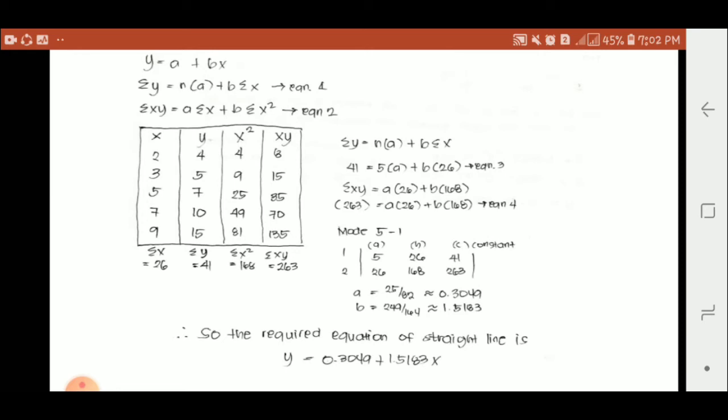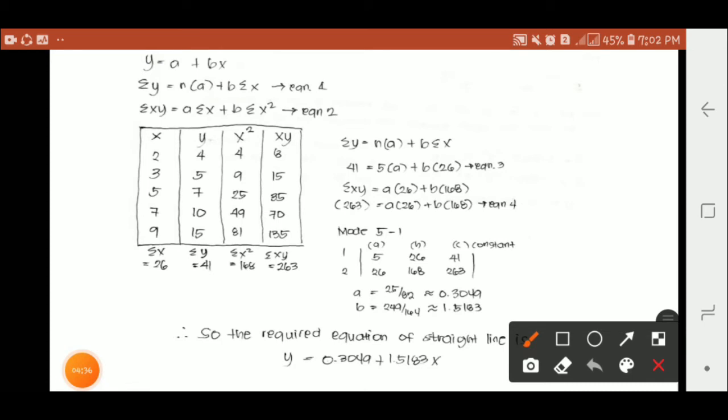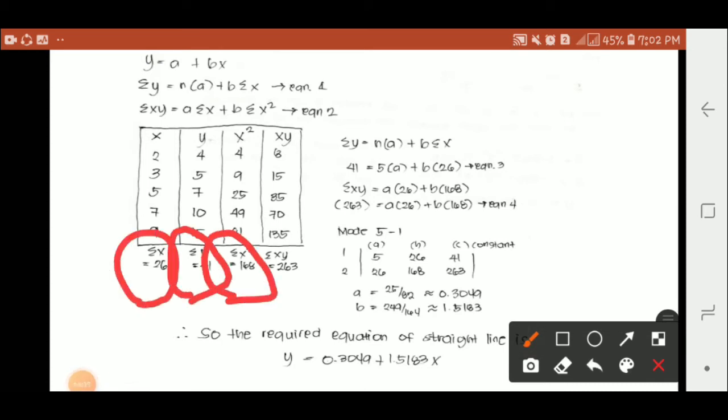After this, we sum up all the values of the dependent and independent variables, the x squared and the xy, which gives us 26, 26, 31, 168, and 263 for the xy.